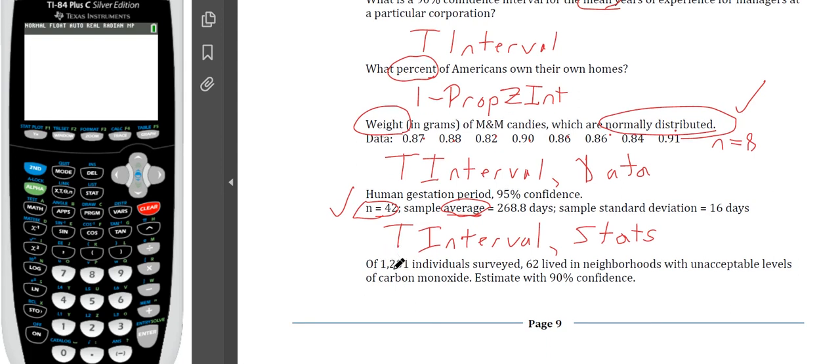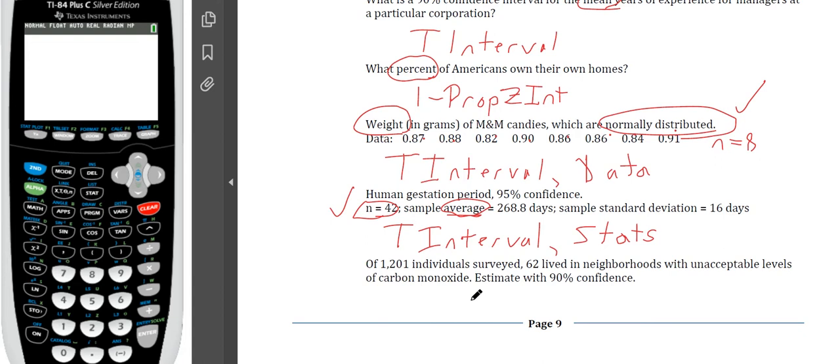Lastly, of 1,201 individuals surveyed, 62 lived in neighborhoods with unacceptable levels of carbon monoxide, estimated with 9% level of confidence. Here, the thing that we're trying to talk about is whether they live in neighborhoods with unacceptable levels of carbon monoxide, or if they don't live in neighborhoods with unacceptable levels of carbon monoxide. That means this is a qualitative variable.